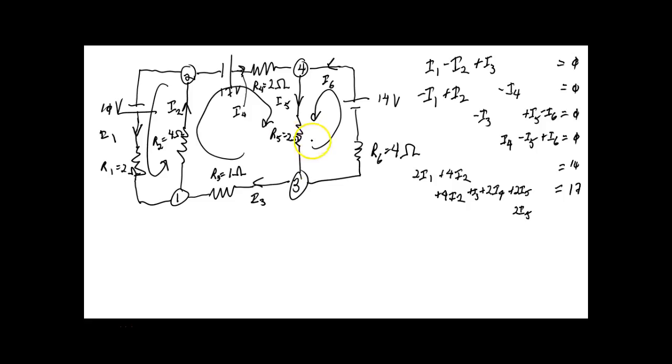And then we hit another drop, plus 4I6. And that's equal to 14 volts. That's your bump on the other side.